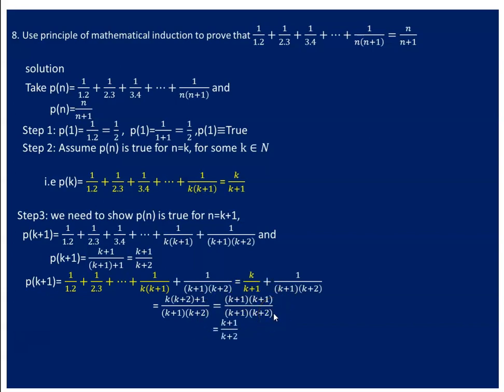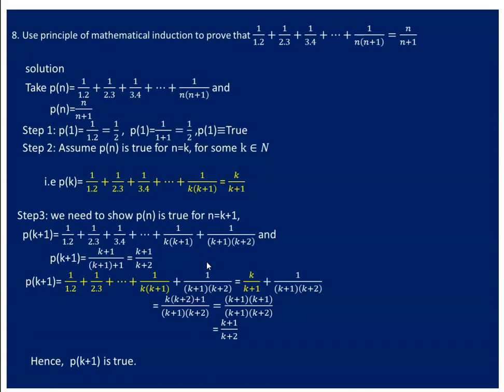You see, students? The one we were looking for comes here. Our intention was to have this sum equivalent to (k plus 1) over (k plus 2). Here we go. So this shows that this statement is true. That is to say that P of k plus 1 is a true statement.